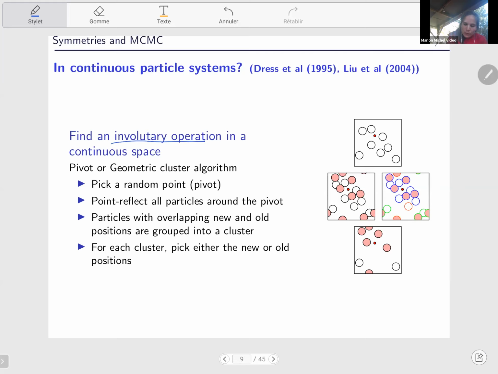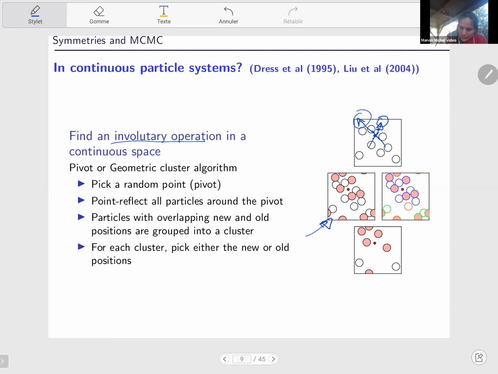The pivot algorithm managed to do that by just throwing a random pivot in your system, and then flipping. So here it will be reflect across this point the particle.